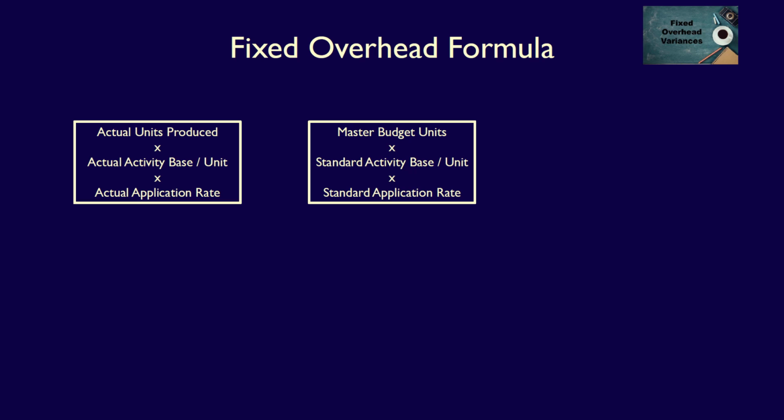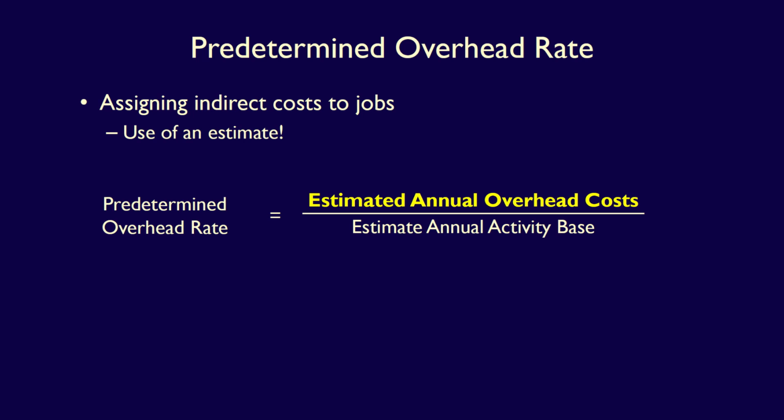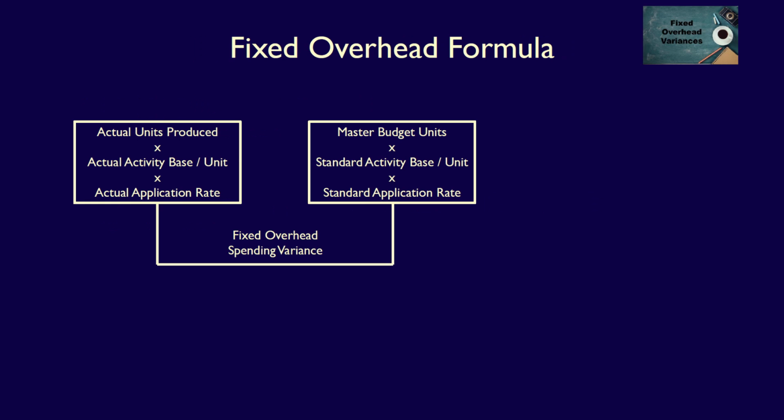Basically, this formula is calculating the estimated annual overhead costs. Now, in order to calculate the fixed overhead spending variance, we have to compare the actual fixed overhead to the master budget's fixed overhead. This variance will tell us whether we've spent more or less than what was budgeted.